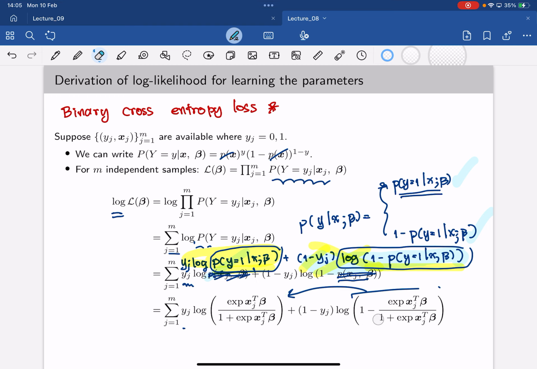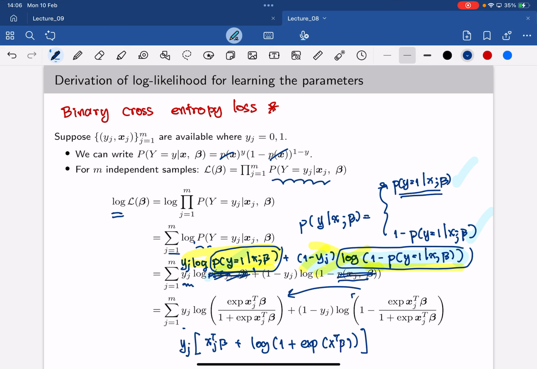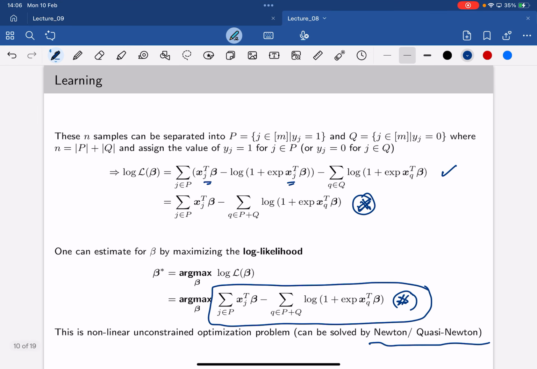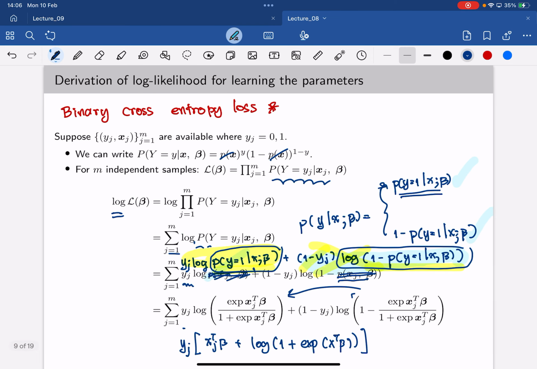If you further decompose them, this will be yj times x transpose j beta plus log of 1 plus exponential of x transpose j beta. I believe this is going to be the first term. And then you will have another term, which is the rest of this function.